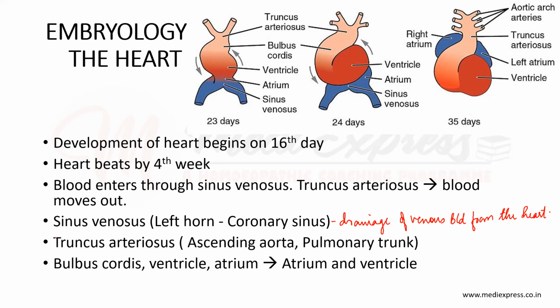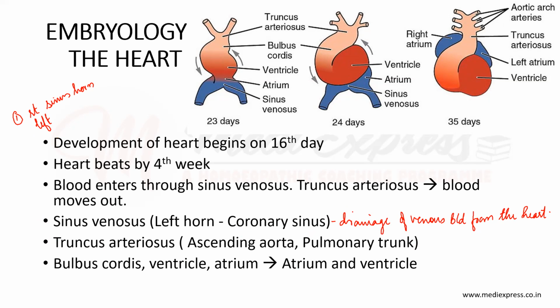So we had two sinus horns: the first is the right sinus horn and the other is the left sinus horn. This left one will become the coronary sinus. Now what will happen to the right sinus horn? We've already said venous return will shift to the right side of the heart.